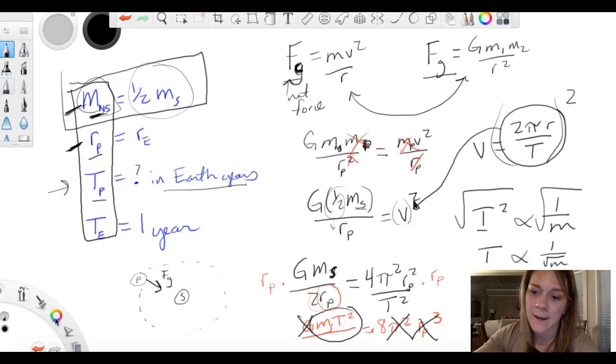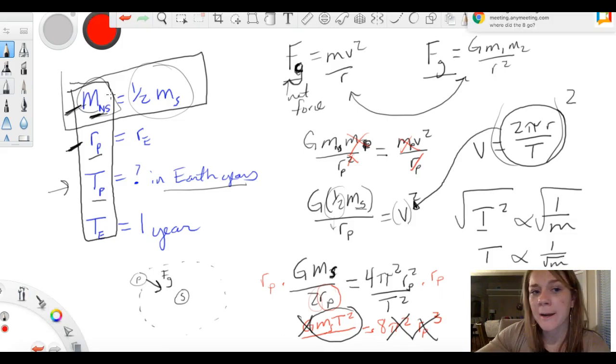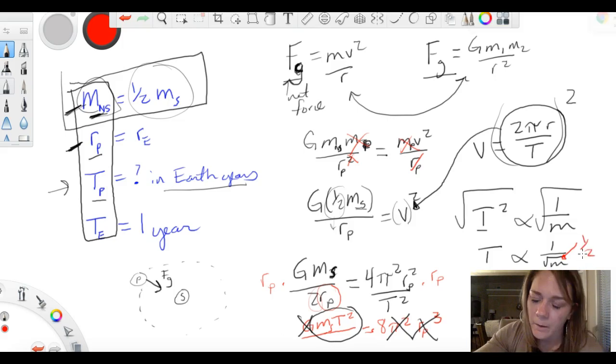Now that I have my proportionality set up, I go back and ask myself, what's the difference between their mass and the sun's mass? So their sun's mass is half our sun's mass. So we've got to plug in a 1/2 right there.